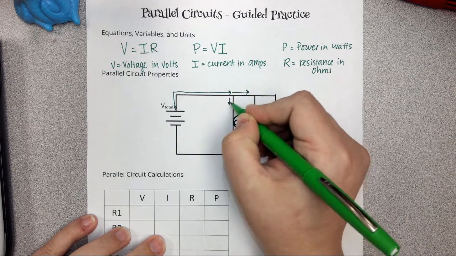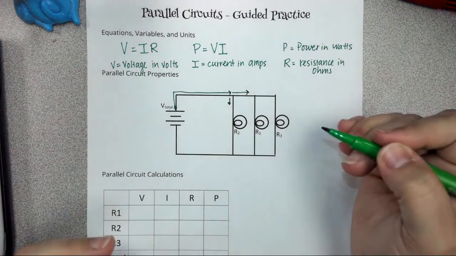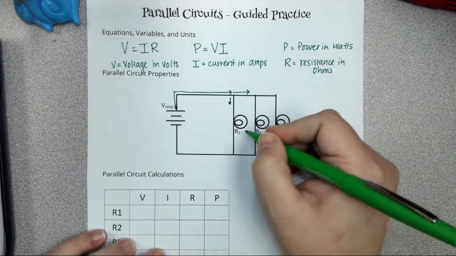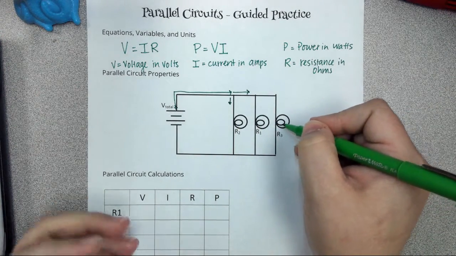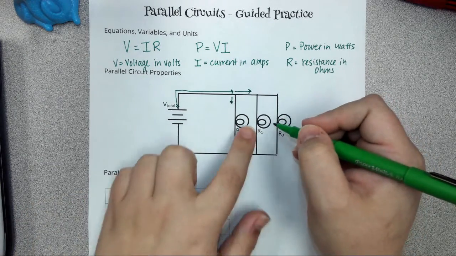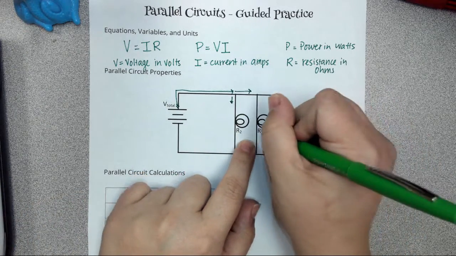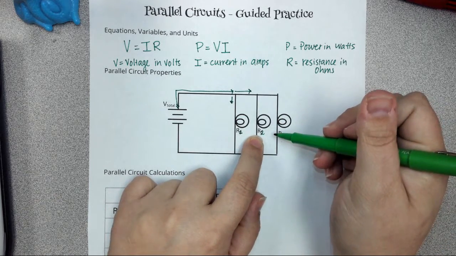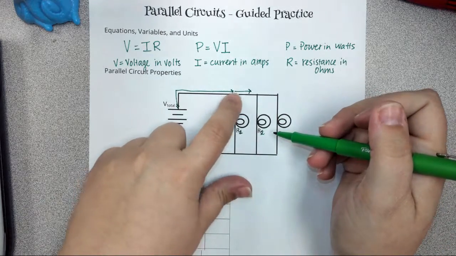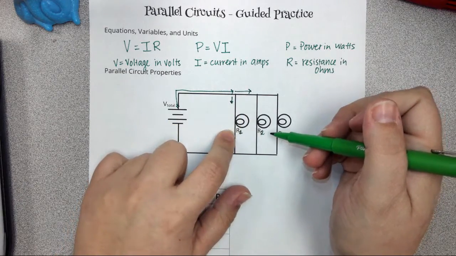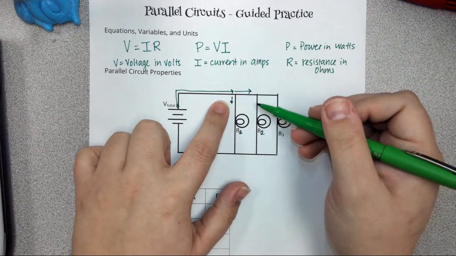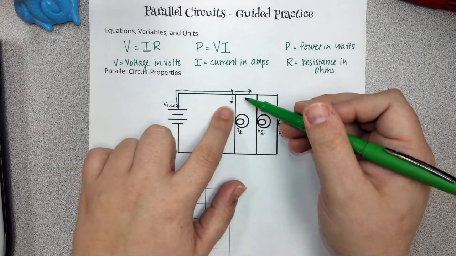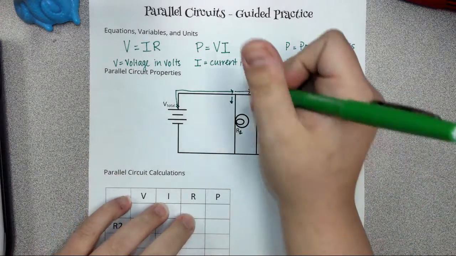So your current actually splits here. It may split equally, it may not. It depends on the resistances of your components. If this one has a very, very large resistance, not many charges are going to keep going. If this one has a bigger resistance, more charges will keep going. So it just depends. Charges are lazy and they want to take the easy way out.